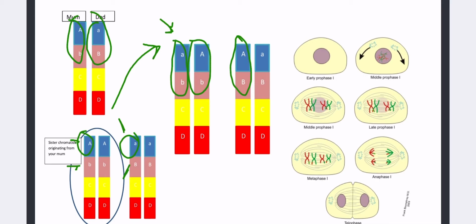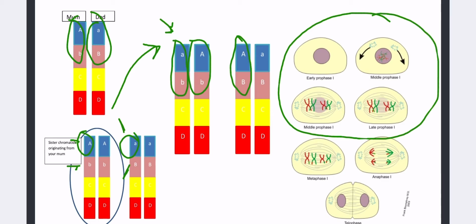Now all of this occurs in prophase, which is broadly here. Remember, centrioles go to the poles, centromeres are created, and all of these sister chromatids and the homologous pairs jump on these spindle fibres.